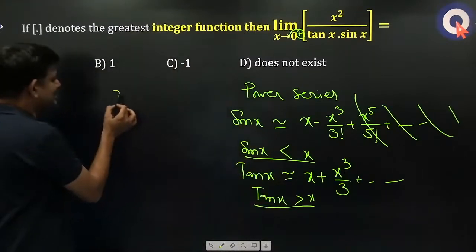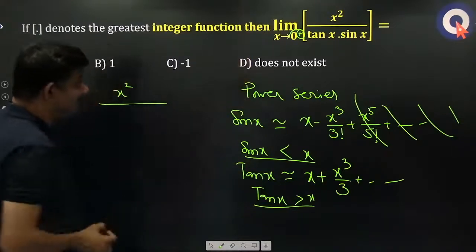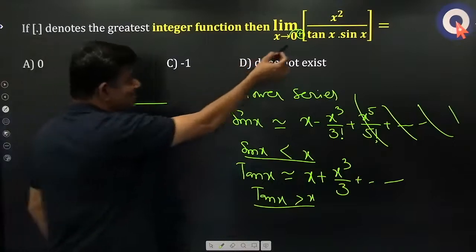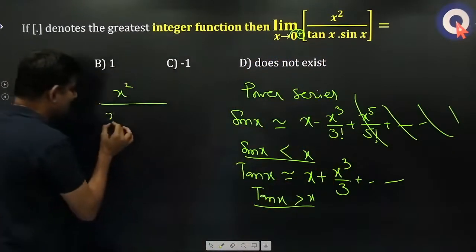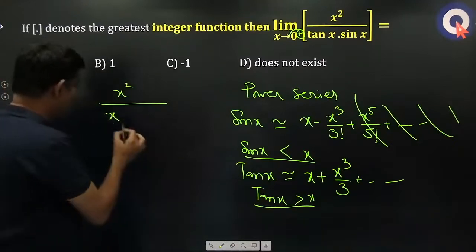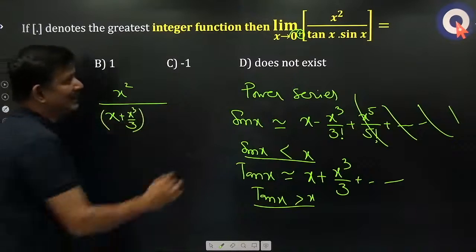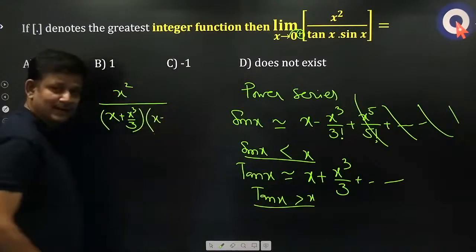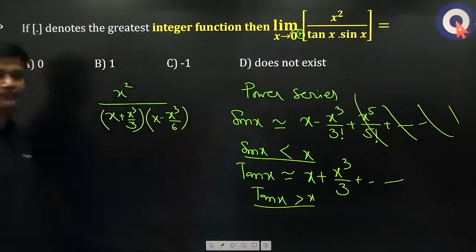What is our area of interest? X square by, now tan x, I cannot directly write it as x because my interest is not on x, but what is happening after x, whether it is smaller than that or more than that. So x plus x cube by 3 is what you can replace your tan x with using power series expansion, and sin x can be replaced by x minus x cube by 3 factorial, which is 6.